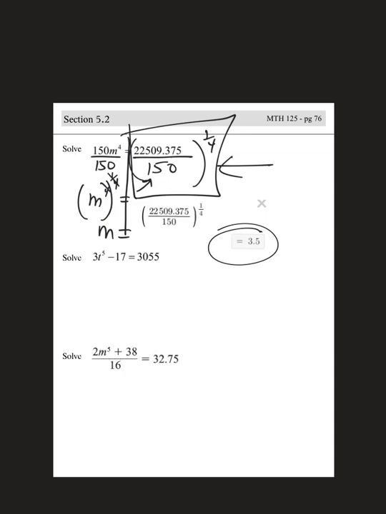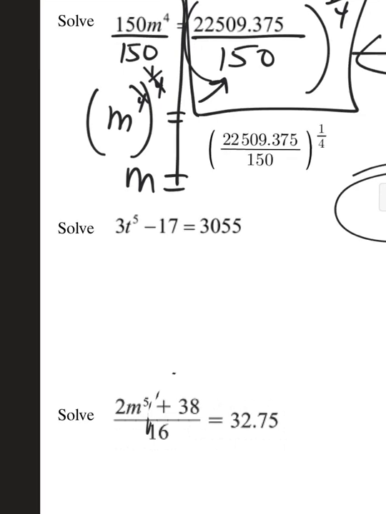I want you to take a moment, try the next two examples. Have faith in yourself. They look harder than they are. And then come back and compare your answers with mine. Okay, looking at the second one, I'm going to add 17 to both sides.